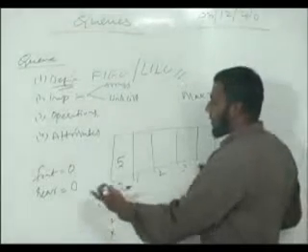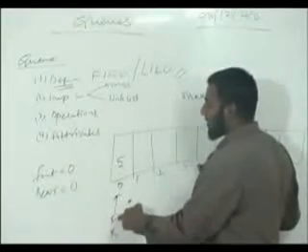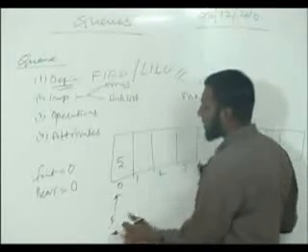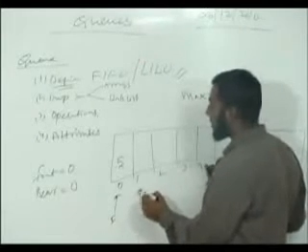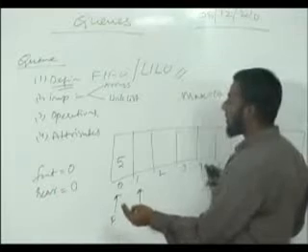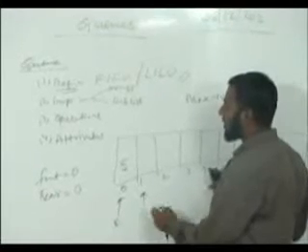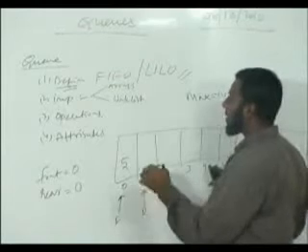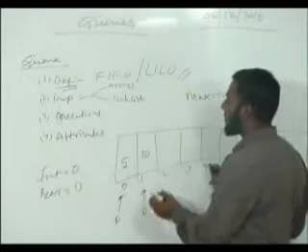So when one element is added, what happens? Front is pointing to 0, and rear will point to the next element. Rear will be forwarded by one location. Then another element will be added, which is 10.